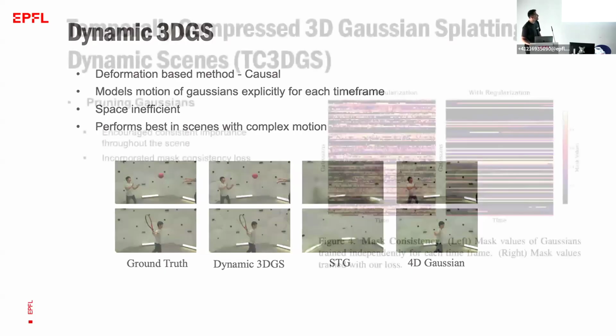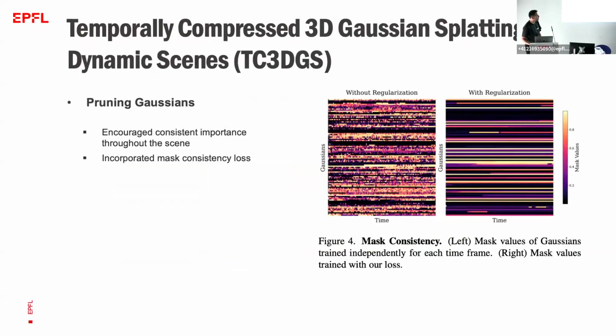So we try to compress this and regularize, as I mentioned before, and with our method, temporally compressed 3D Gaussian splatting, we try to regularize as much as possible so that the importance of each Gaussian in incoming frames also stays as low as possible.